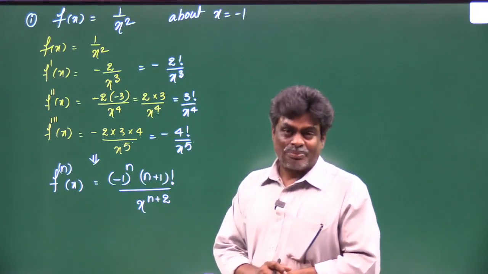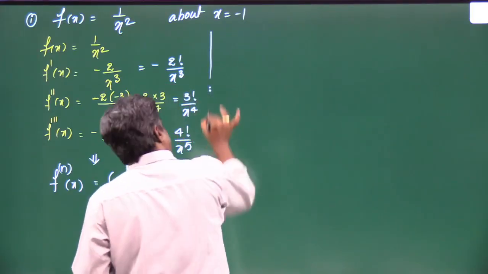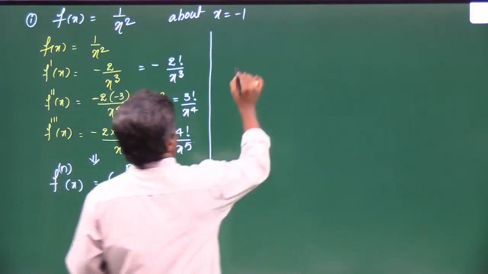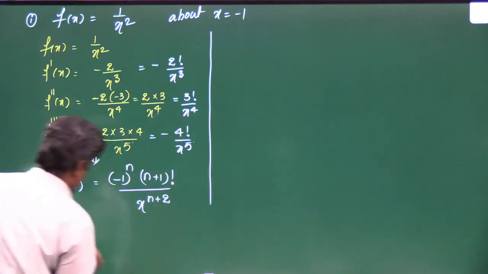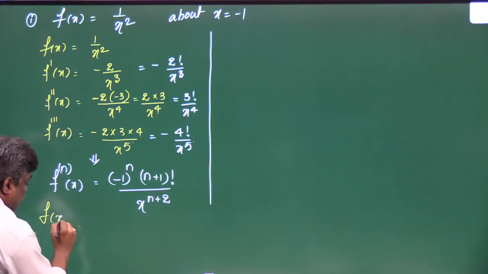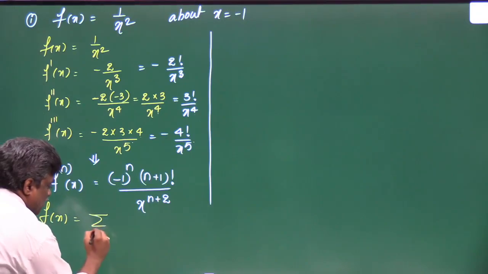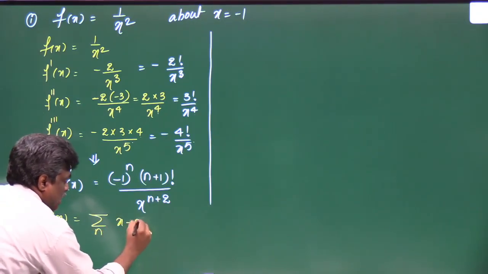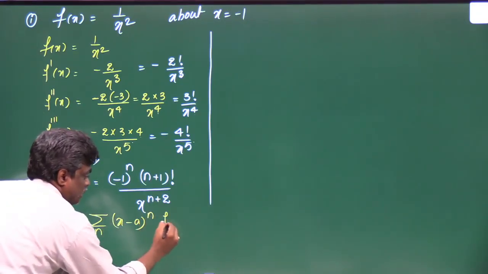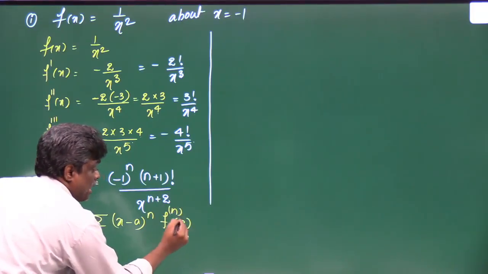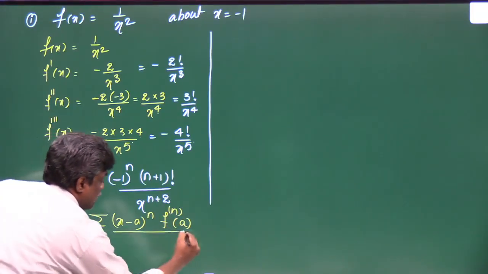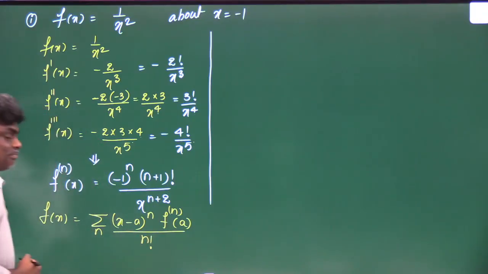Now I am taking the formula. Let me write here. The formula is f of x equal to summation over n of x minus a whole power n into the nth derivative of f at x equal to a, by n factorial.